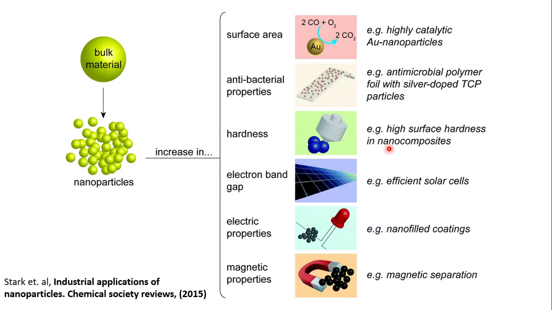When I move from bulk material to the nano size, there are many properties that are improved. The surface area: for example, if I'm using a gold nanoparticle for catalytic activity, there is increased surface area and improved catalytic properties. Similarly, we have better antibacterial properties, for example in the case of silver nanoparticles, which are known for their antimicrobial activities. We have better hardness in the case of nanocomposites.